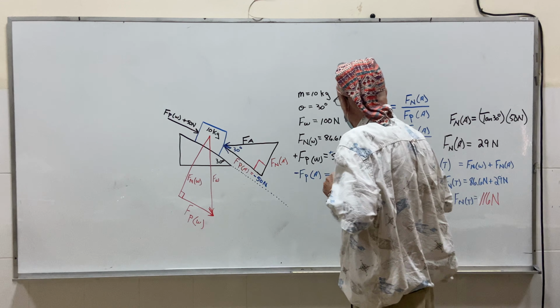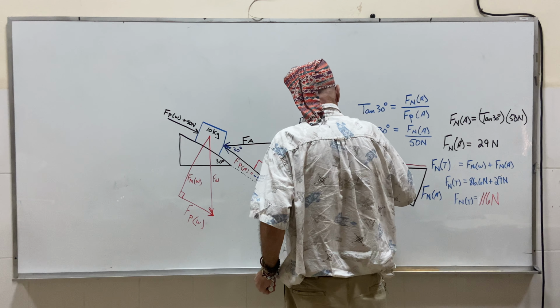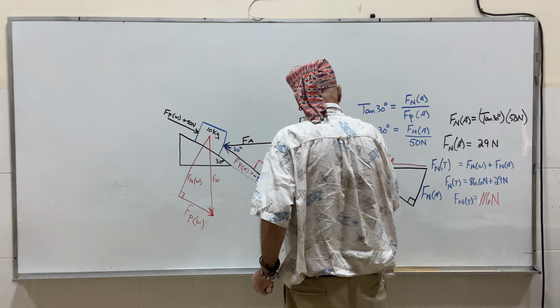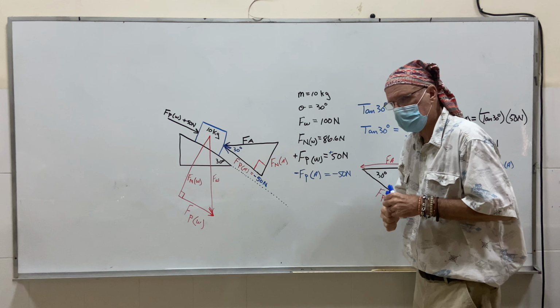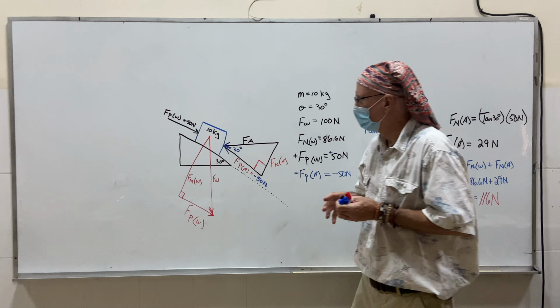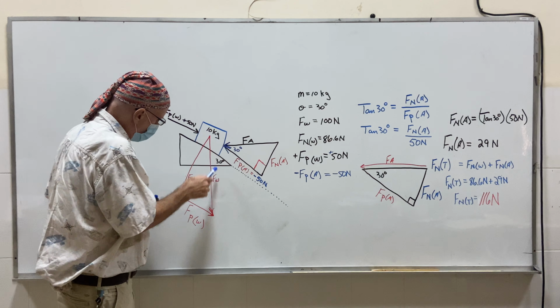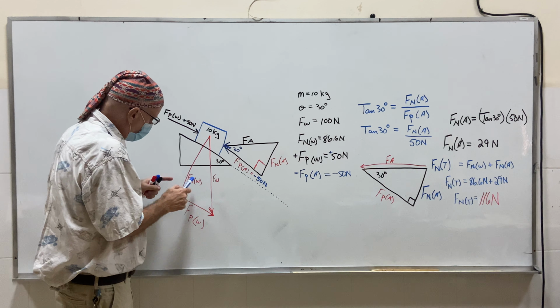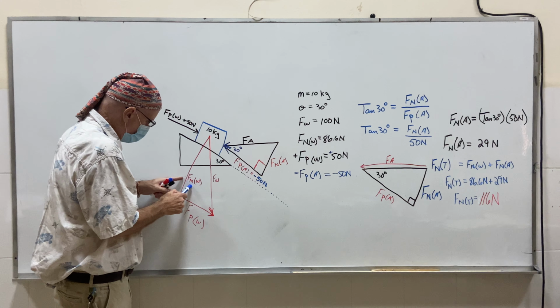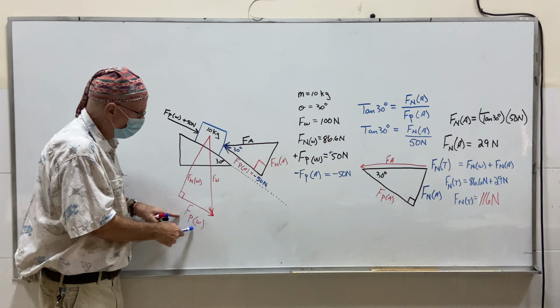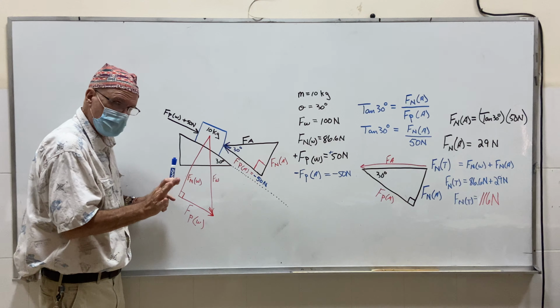So you have the book, and then you have the weights, then you have the Fn from that weight, then you have the FP from that weight, right? Easy? All right, now.